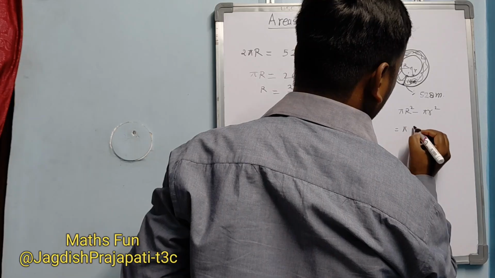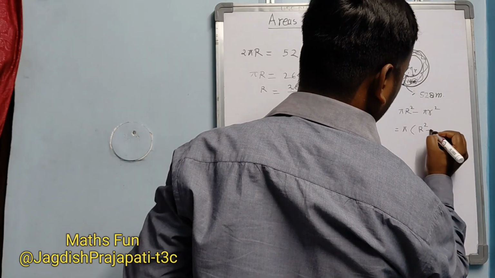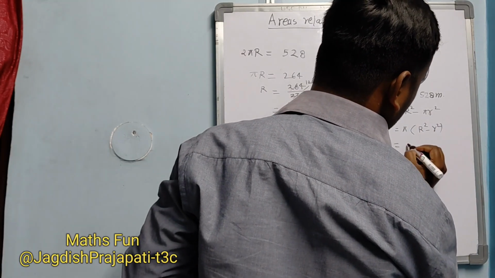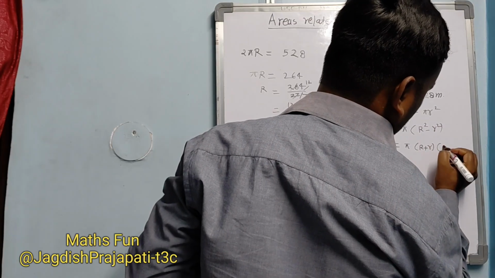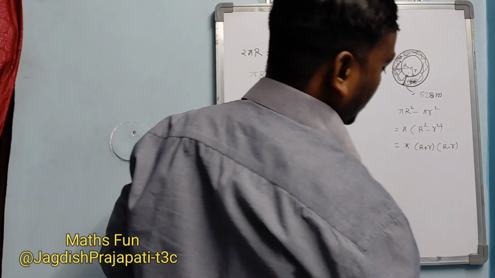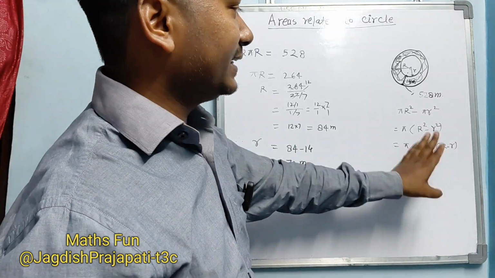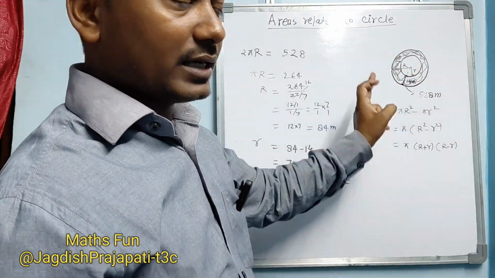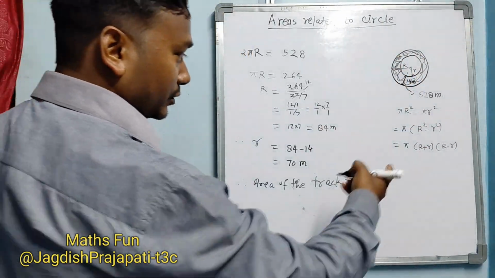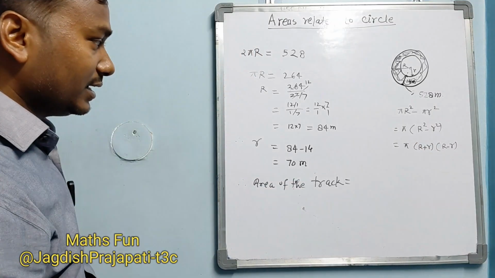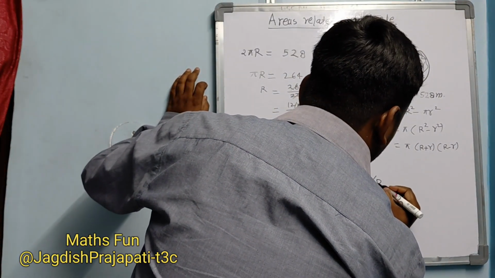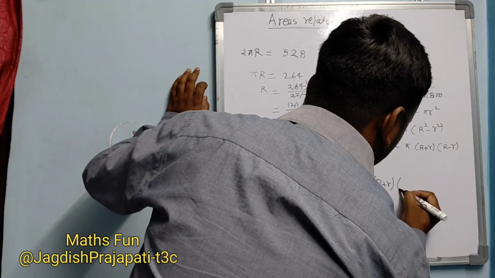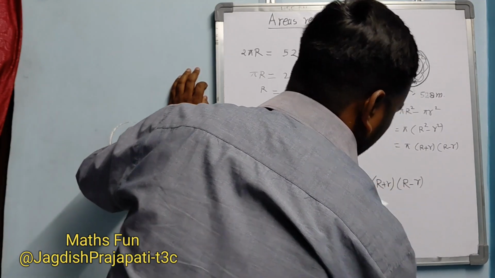If you take pi outside, then it will be like this, or you can write like this. So this will be the area of the circular track. So I am going to use this directly: pi, capital R plus small r, capital R minus small r.